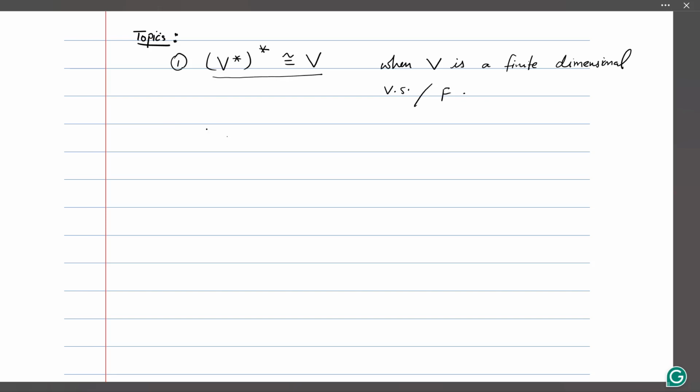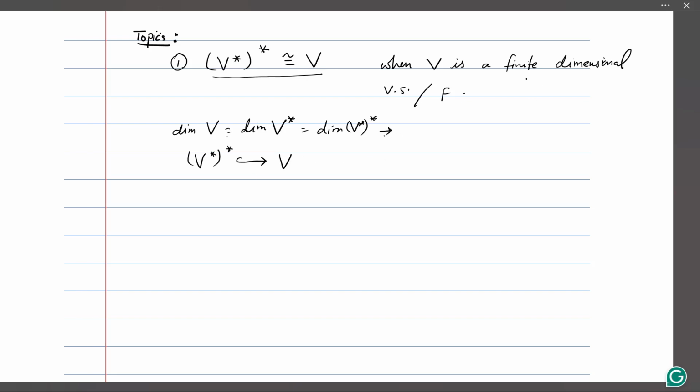The professor had shown only this part, because the dimension of V is equal to the dimension of V star. So taking dual, the dimension will be the same, V star star, and he showed this injective homomorphism from V star star to V. Now, because dimensions were equal, this will imply that this map is onto also.